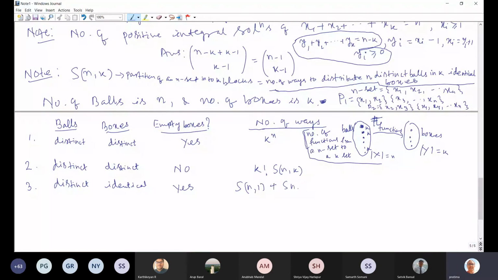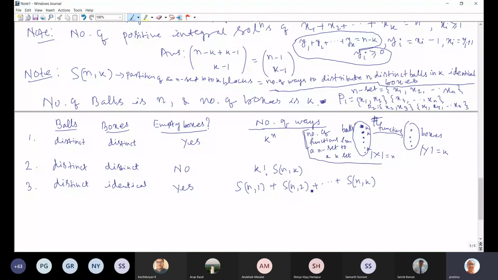plus SN2, the Stirling numbers of second kind, up to SNK. So there are k boxes. This SN1 means distribution of n distinct balls into one box only. So therefore, other boxes will remain empty. Here 2 boxes may remain empty.